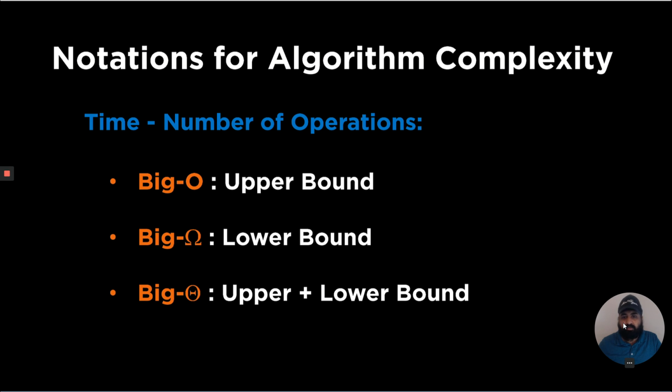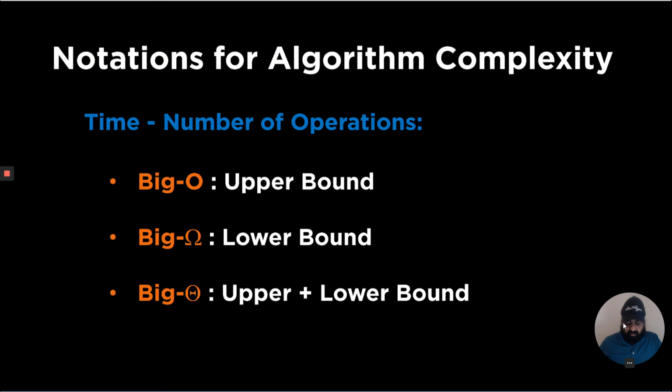There are multiple notations or mathematical tools that we can adopt to understand the runtime or the space of our program, how much time or how much space it is taking. There are many more than three: big O, big omega, big theta, and then little o and little omega, and other tools that can be used to analyze the runtime of algorithms. But we are going to discuss just three of them throughout this course.